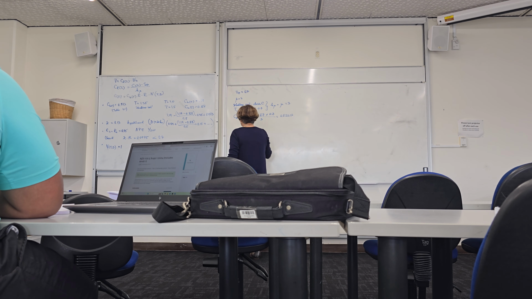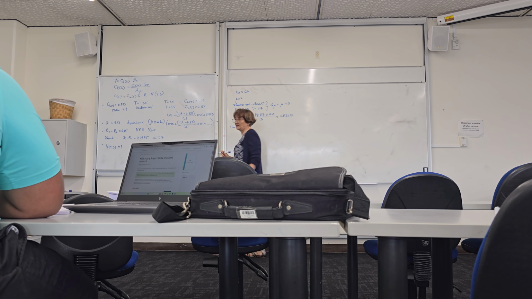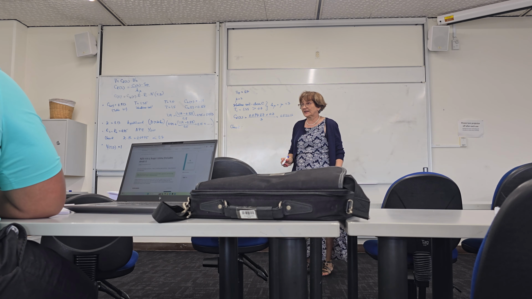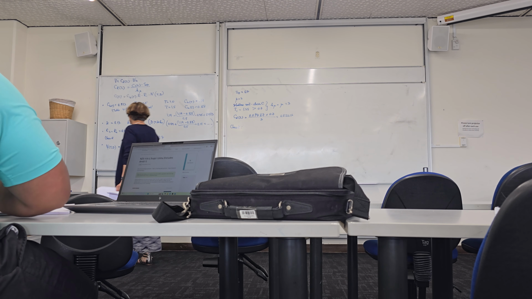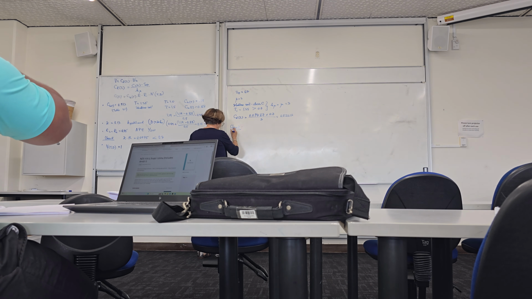Don't forget, you have to check. In assignments, a lot of students forget to do the checks. You have a check in here, and you have another check on here.